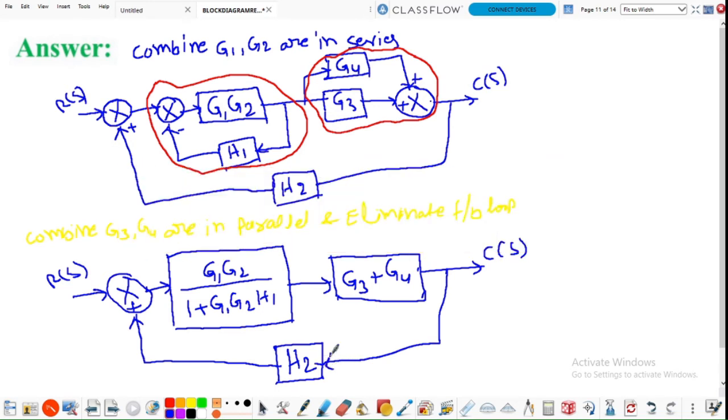After that, these two blocks are in series, cascade form.